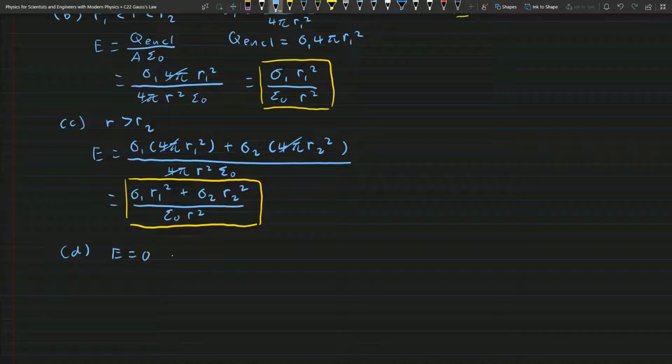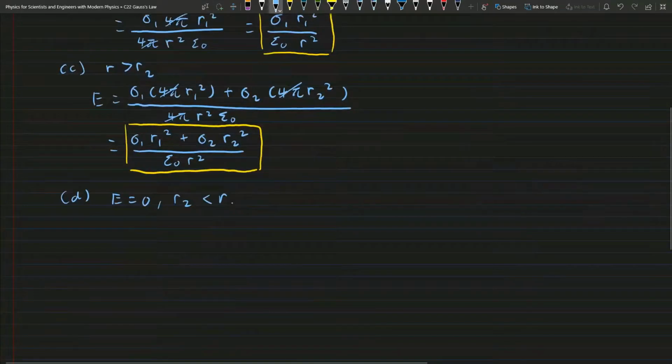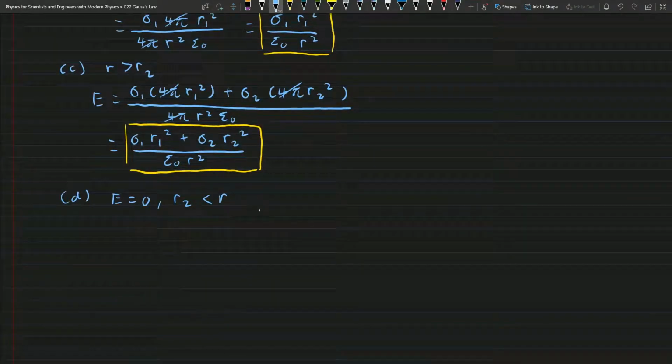E is equal to 0 at this R bigger than R2, so we must have this Q enclosed equal to 0, right? So in this case, we take a look back into the case C because this corresponds to the case C.